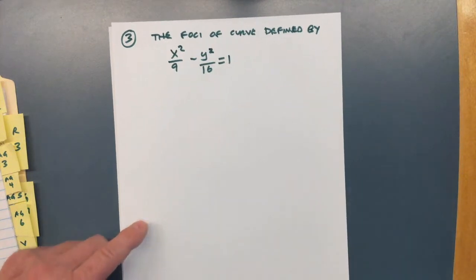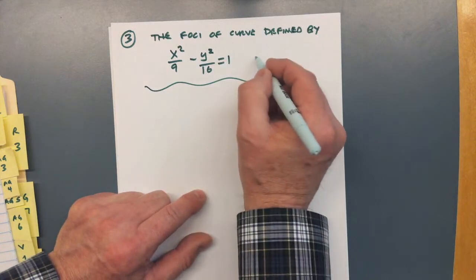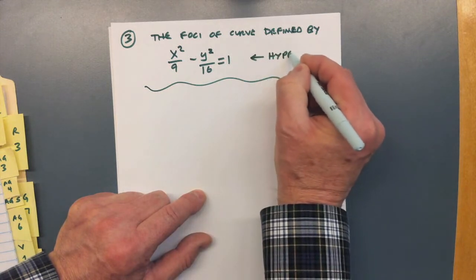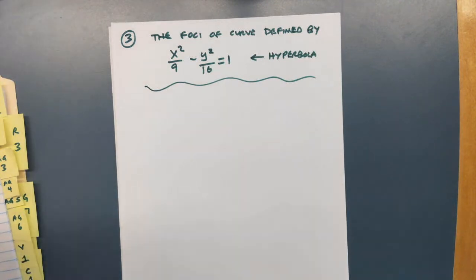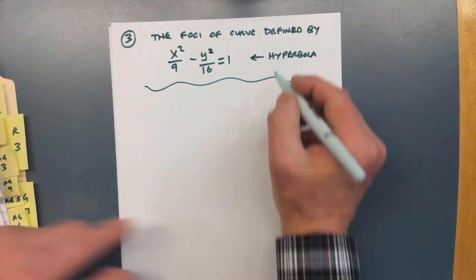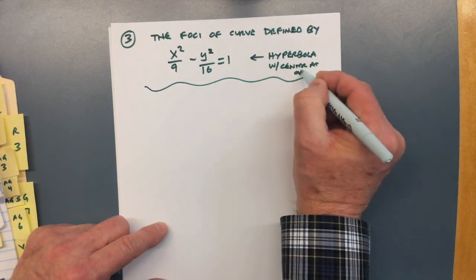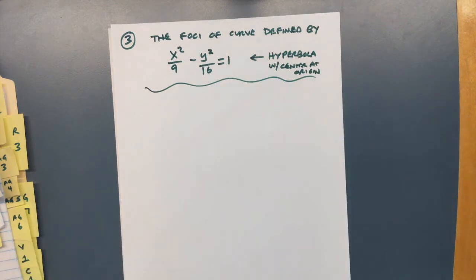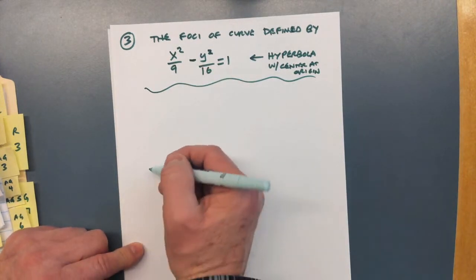So what are the foci of that? With that minus sign, that is a hyperbola, with the center at the origin. If you look at the general equation for a hyperbola, which again is in the equation sheet, you can identify that as being a hyperbola with the center at the origin.